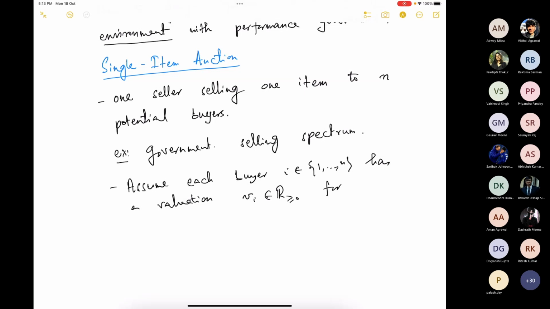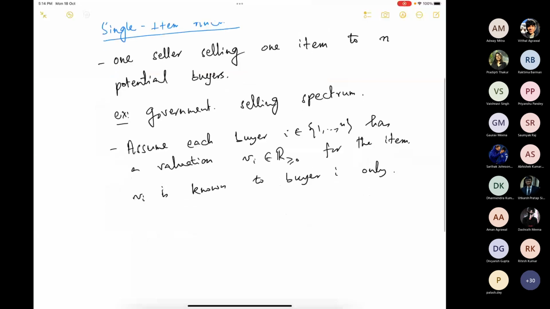It's a valuation for the item. You can think of valuation as the maximum amount of money that the buyer is okay to spend to buy that item. And this Vi is known to buyer i only. So each buyer knows his private valuation for the item, which is not known to other players.